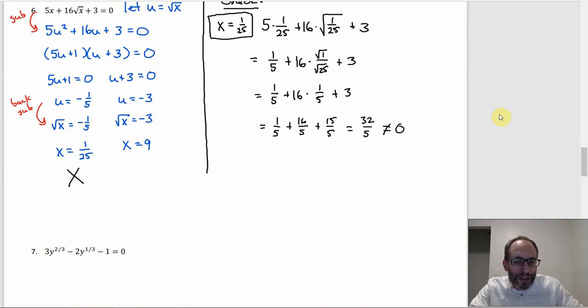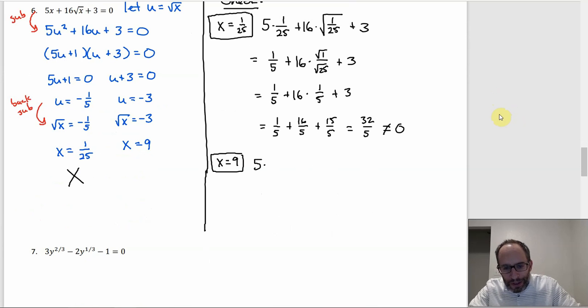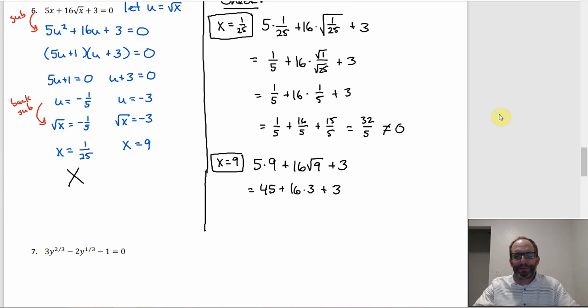And then x equals 9, we're going to run into the exact same problem. So when x is equal to 9, you'd have 5 times 9 plus 16 times the square root of 9 plus 3. So that's 45 plus 16 times 3 plus 3. And you go, that's not a 0.